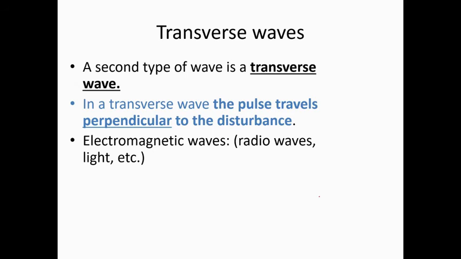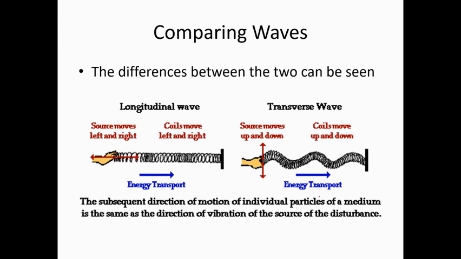Now, transverse waves are what you kind of draw. You draw your amplitude and you draw your wavelength. When a teacher is showing you a wave, they're typically going to draw a transverse wave, where your disturbance is perpendicular to the direction of the wave pulse. Electromagnetic waves like radio waves and light waves are an example of that.